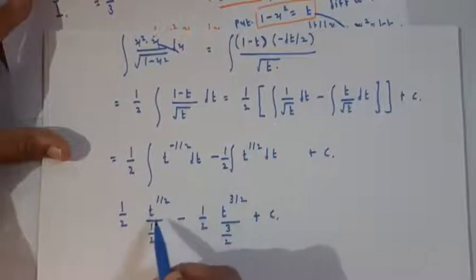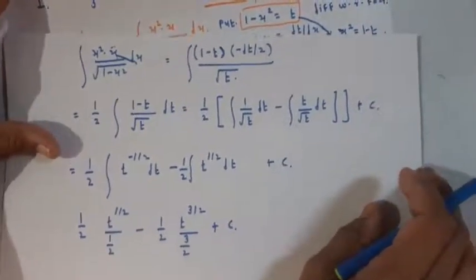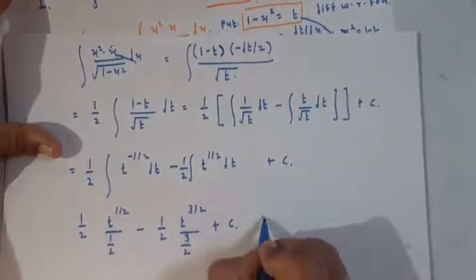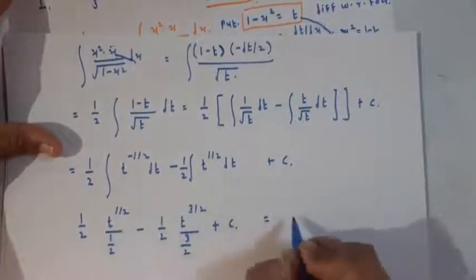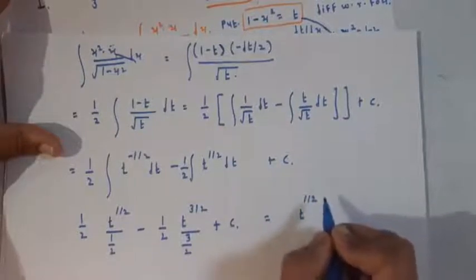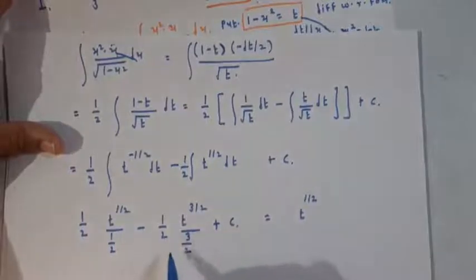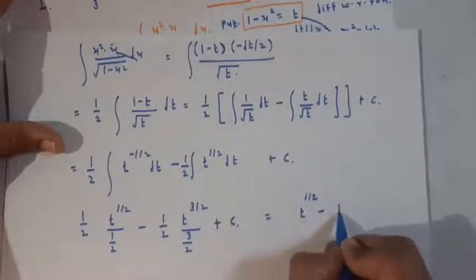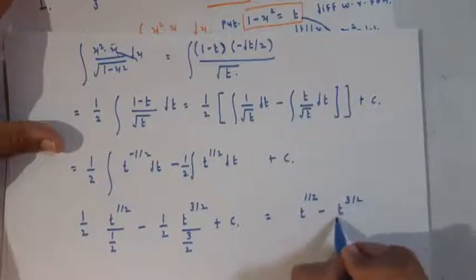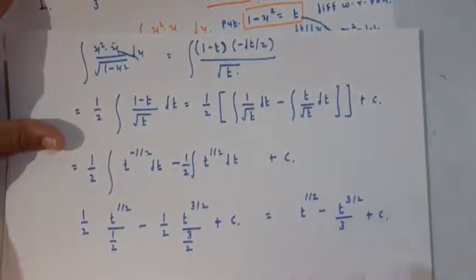And here this gets cancelled, the 1 by 2 gets cancelled, and this is t raised to half, then this 1 by 2 gets cancelled, and minus t raised to 3 by 2 upon 3, plus constant of integration c.